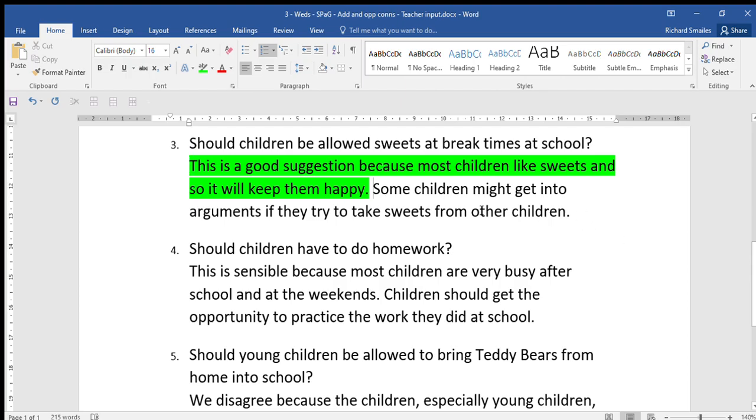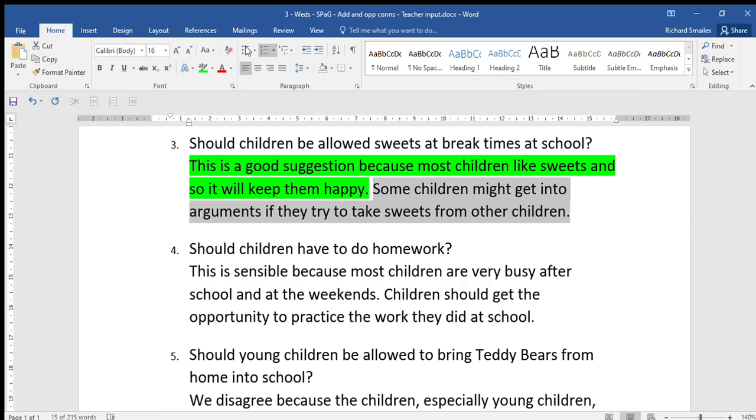The second sentence, let's have a look. Some children might get into arguments if they try to take sweets from other children, and this could be a big problem, or maybe one child might say, I'll swap you my sweets for your sweets, or you give me one of yours and I'll give you 2 of mine, that sort of thing. So it could get children into arguments, and we don't want that. So this sentence is basically saying, no, we don't want children bringing sweets to school.